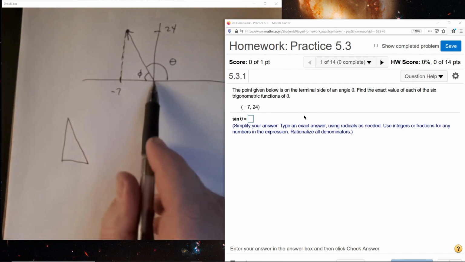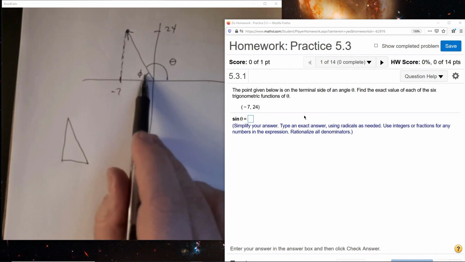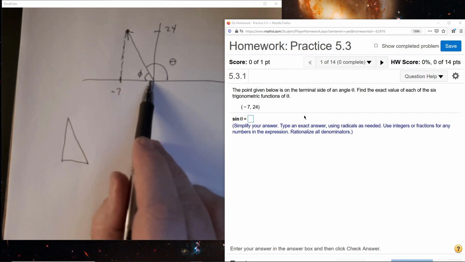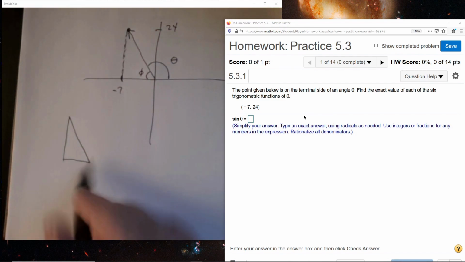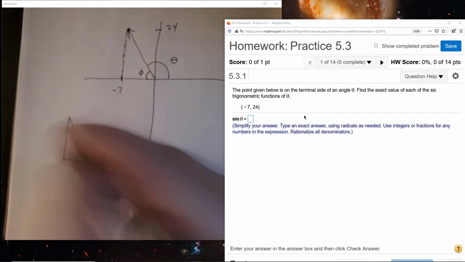And so if we look at the adjacent leg, I should say adjacent to the reference angle, on the x-axis, remember minus 7 is the position, but the overall length here is 7. And then it has a height of 24.